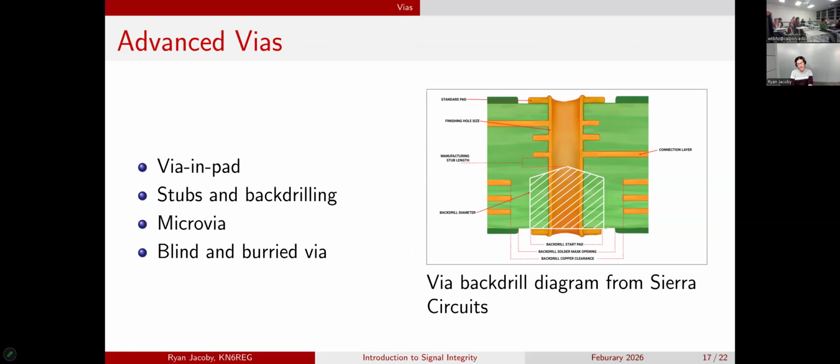One way to save on board space and pack more parts in is to put them inside your surface mount pads. You can't really do this without via in pad technology, because if you put a surface mount part right here with solder paste and heat the board up, a lot of the solder is going to get wicked down through the board, and your part's not going to make a good reliable connection.